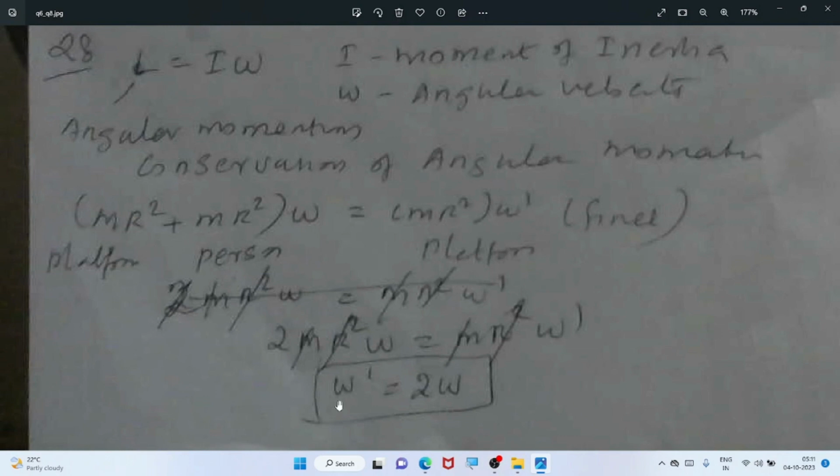After simplification, we get the final angular velocity equal to 2 times the initial angular velocity.